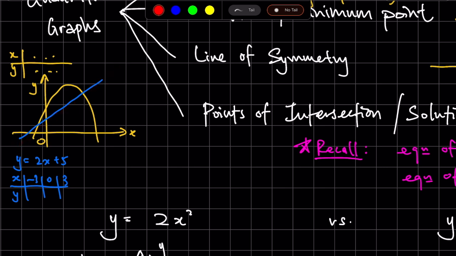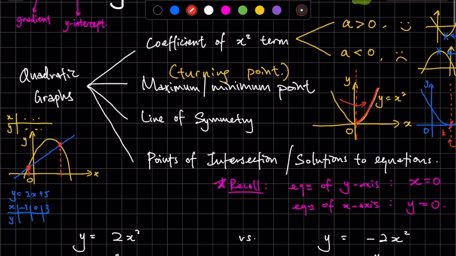Then, last step, okay, easiest step, is to find where they intersect, these 2 points. Then what's your answer? Your answer is the x values. And that's it. I think that's the hardest question that they can test you for quadratic graphs, right? So usually the flow is like this.